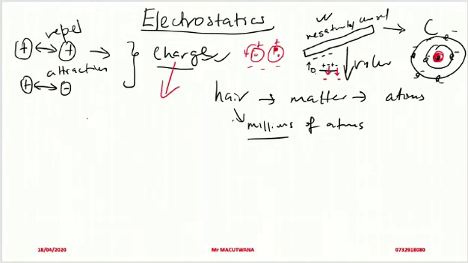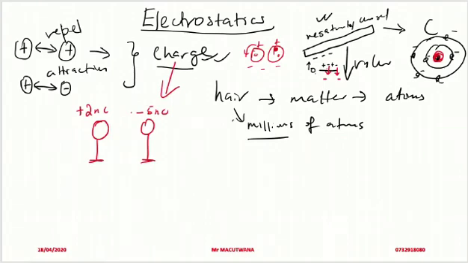Say you have two spheres. This one has maybe 2 nanocoulombs. This one has minus 5 nanocoulombs. That's how we always write; you have to indicate the nature of the charge. Now, what does this tell you?